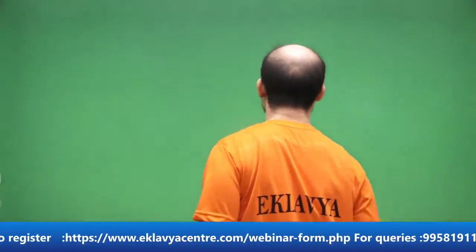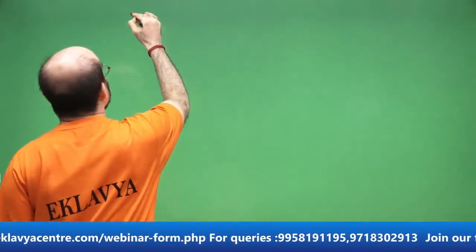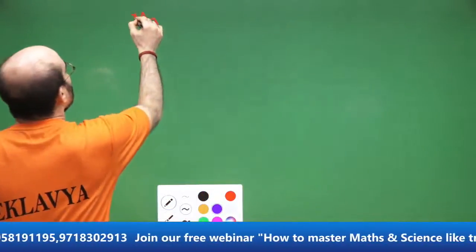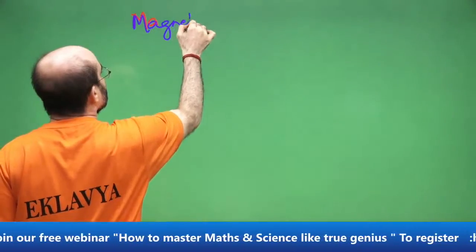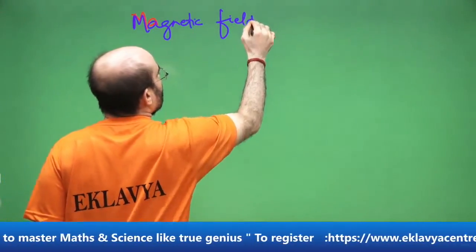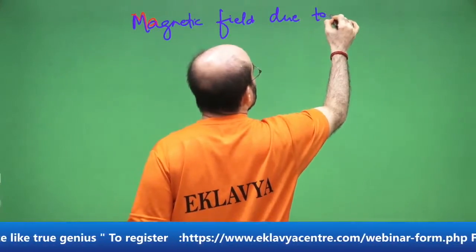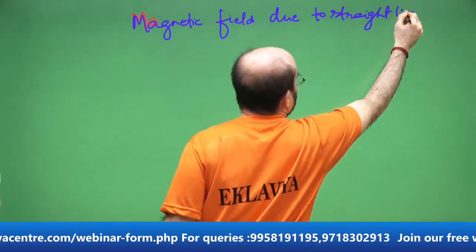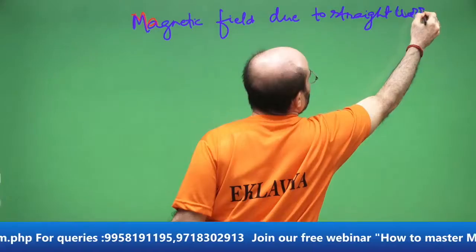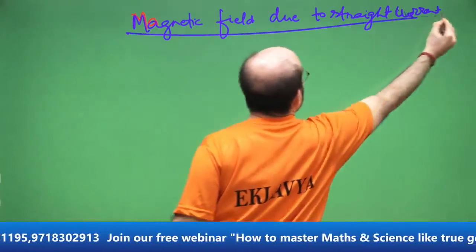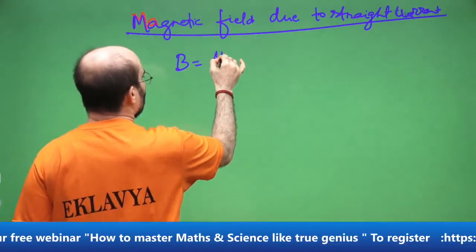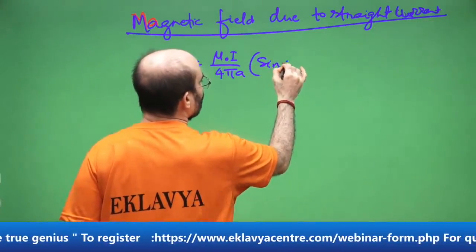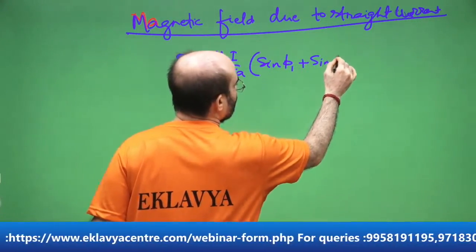So let us take the magnetic field due to a straight line, a straight current, you may say, as B equals mu naught I by 4 pi a into sine phi 1 plus sine phi 2.